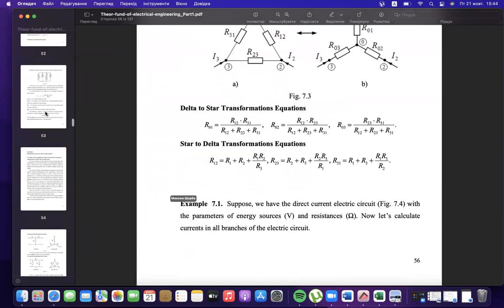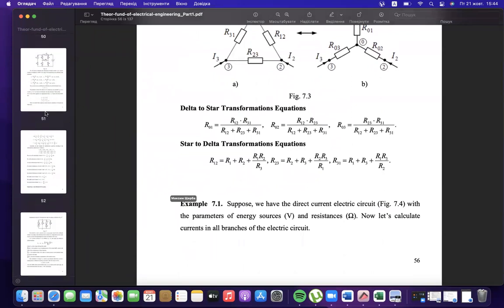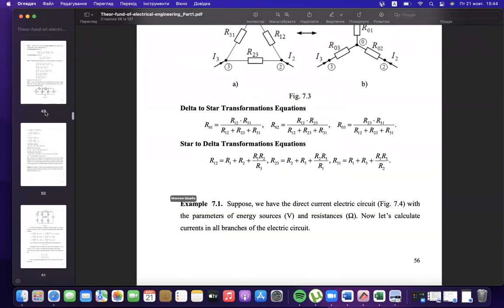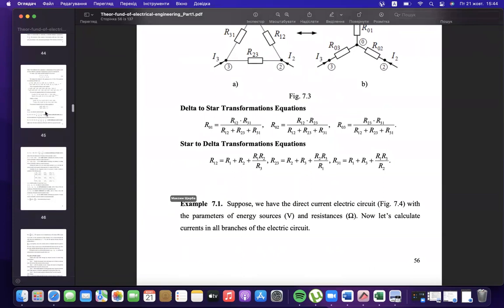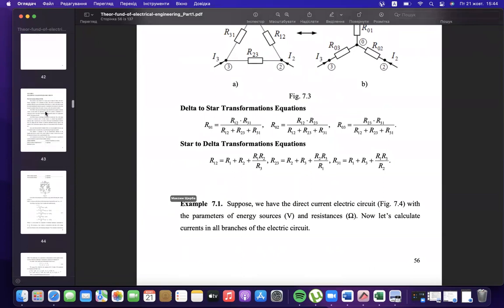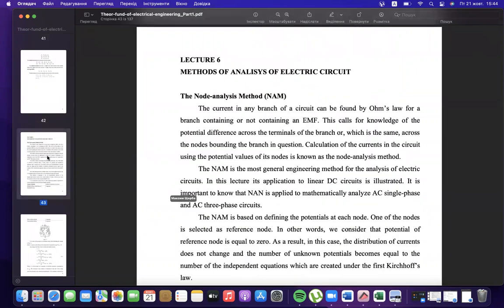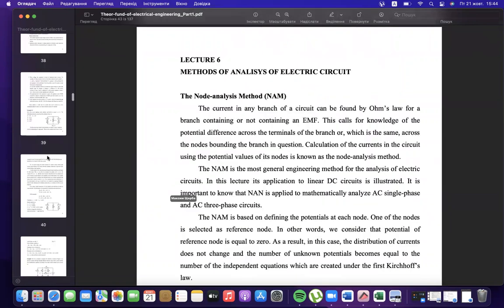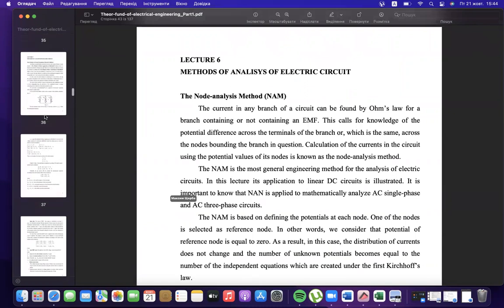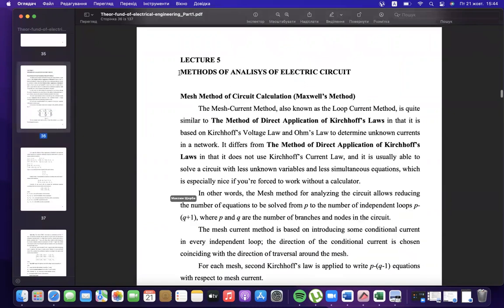What are the final conclusions from this lecture? What should we remember? The first conclusion is that we spoke about a new method, called the mesh analysis method, or just the mesh method.